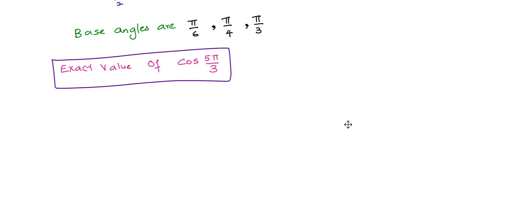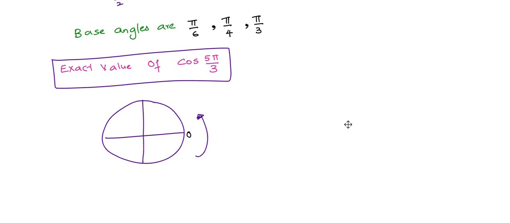Because it's cos 5 pi on 3, which is positive, you would be looking at the anti-clockwise unit circle. So this is 0, this is pi on 2, pi, 3 pi on 2 and 2 pi.